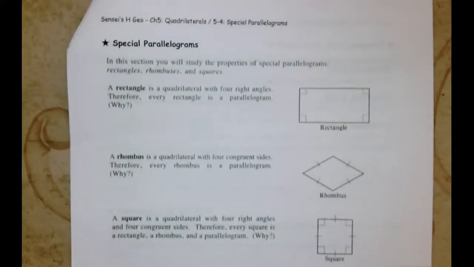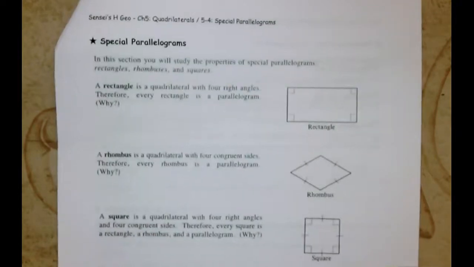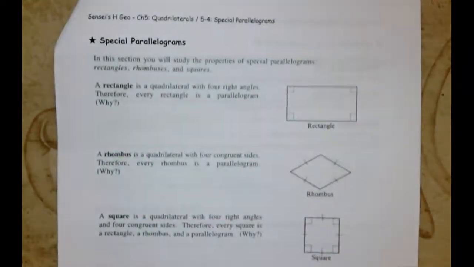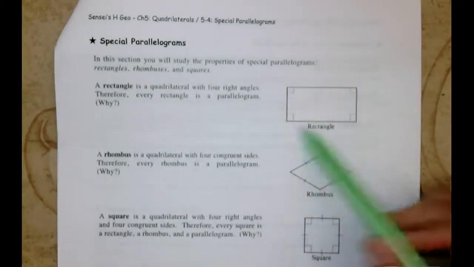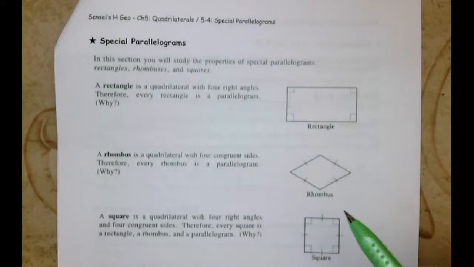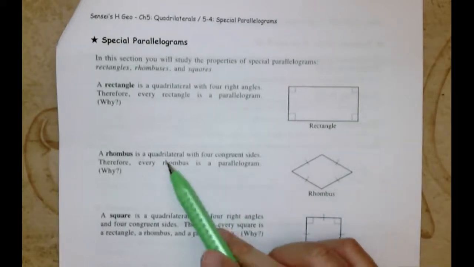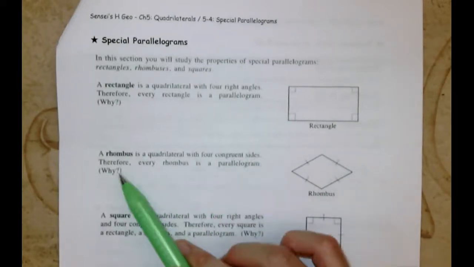Alright, so here's the definition. A rectangle is a quadrilateral with 4 right angles. Therefore, every rectangle is a parallelogram. Why? Think about why. The rhombus is a quadrilateral with 4 congruent sides.